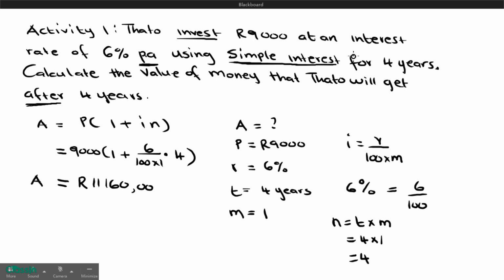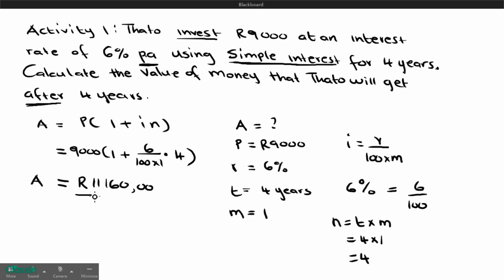So this means that if you put 9,000 at an interest rate of 6% per annum using simple interest, for a period of 4 years, you're only going to get 11,160 rands at the end of the 4th year.